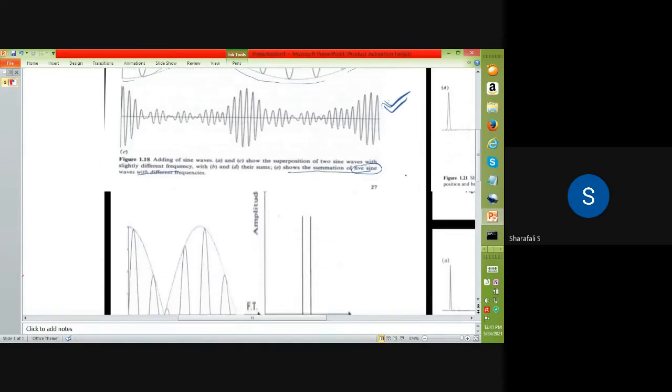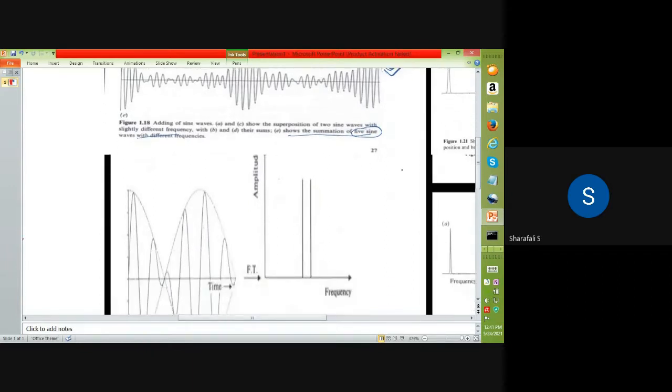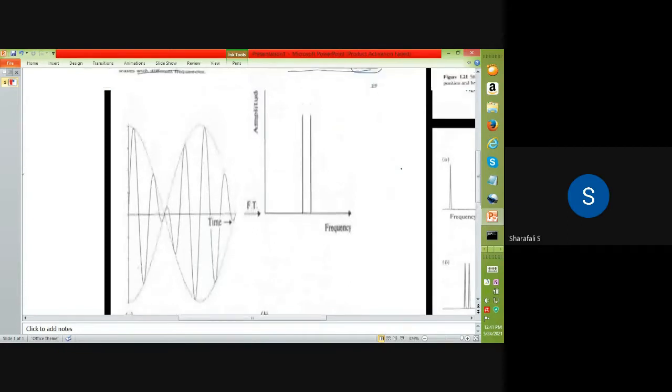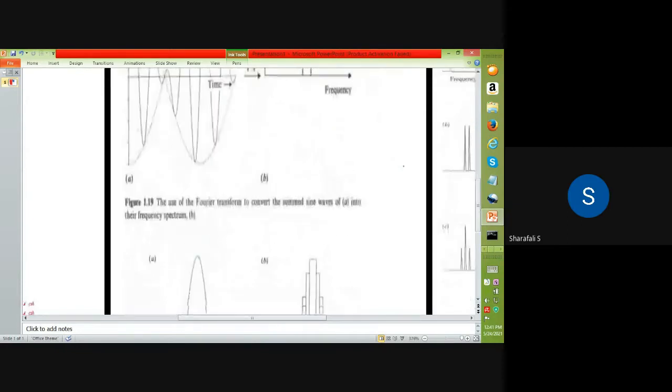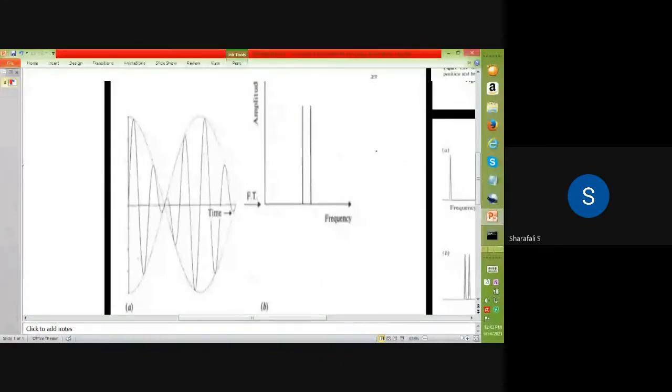When you convert this signal by using Fourier transform, that will produce spectral lines. This Fourier transform technique is a mathematical technique where you convert your signal from the time domain to the frequency domain. You might have studied this in mathematical physics.